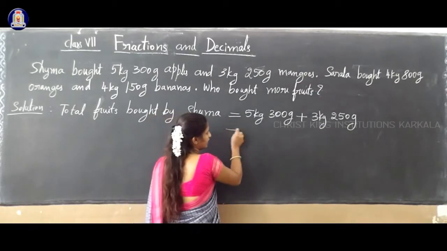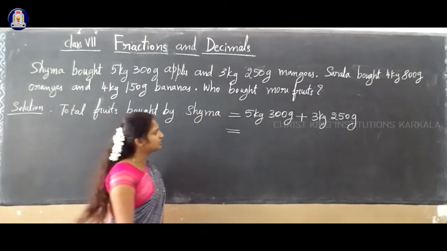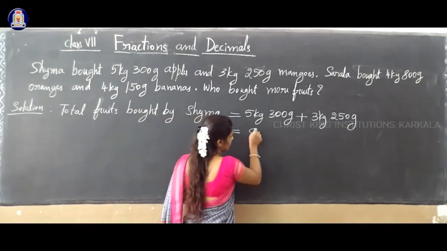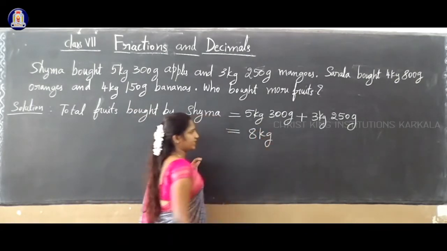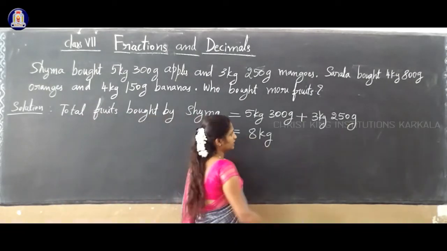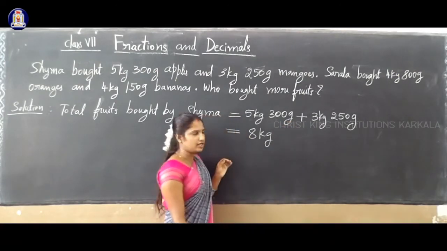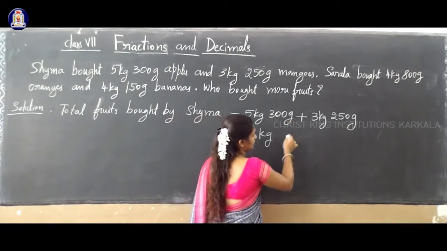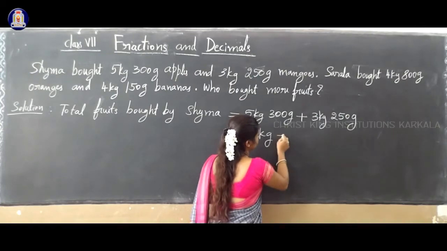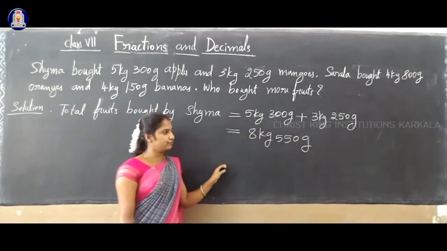So if you add, we get 5 kg plus 3 kg, that is 8 kg. Correct? 5 kg plus 3 kg, we get 8 kg plus 300 gram plus 250 gram. So 300 plus 250, we get 550 gram.